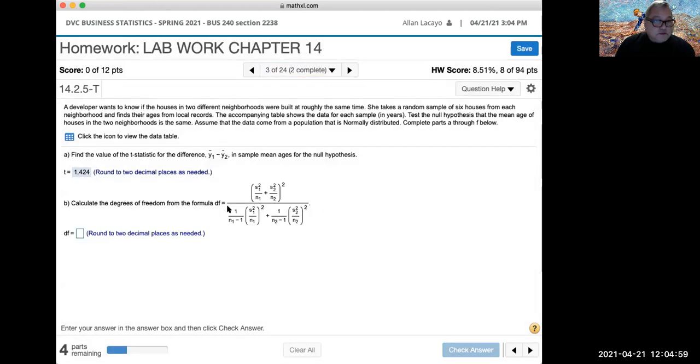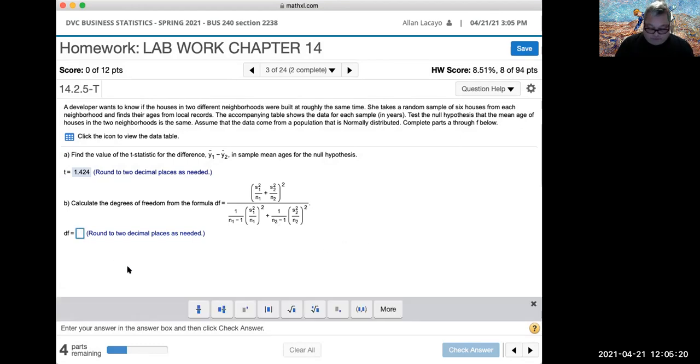The degrees of freedom computation is very messy, as you can see, because you're basically taking the weighted average of the degrees of freedom between the first sample of 6 and the second sample of 6 being combined together into a total variation, which gives you 9.2 degrees of freedom.